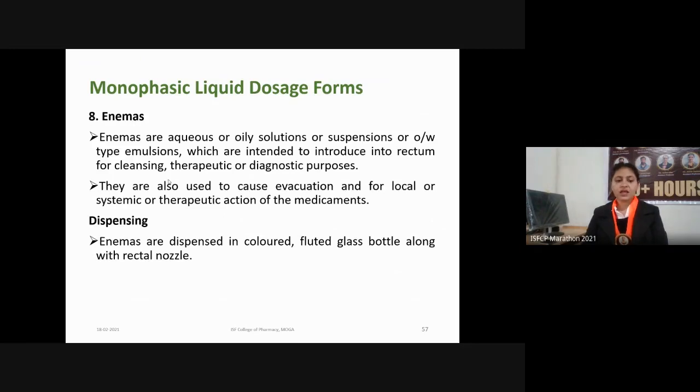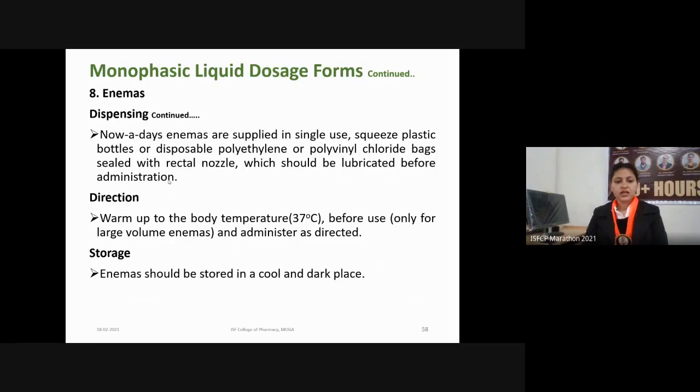Now, dispensing of enemas. Enemas are dispensed in colored fluted glass bottles, along with the rectal nozzle. Nowadays, enemas are supplied in single use squeeze plastic bottles or disposable polyethylene or polyvinyl chloride bags sealed with rectal nozzles, which should be lubricated before administration.